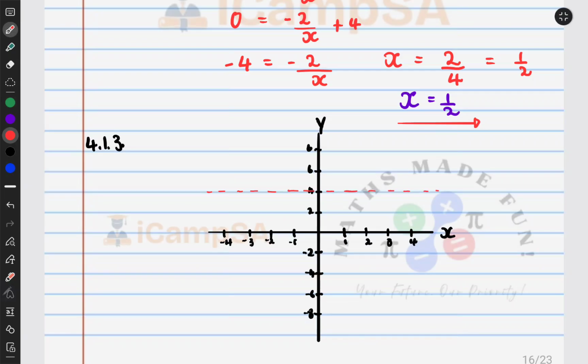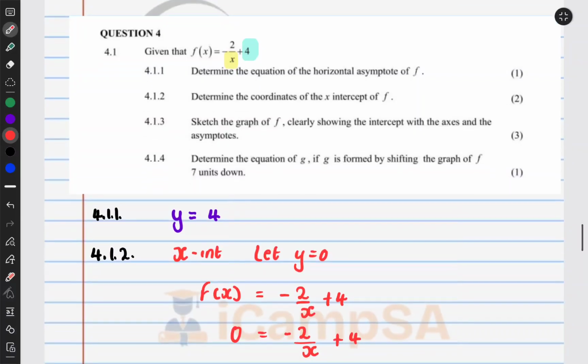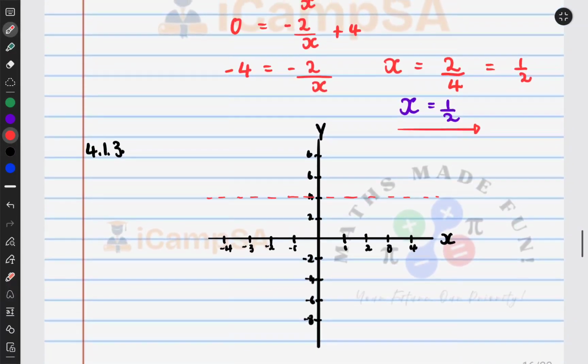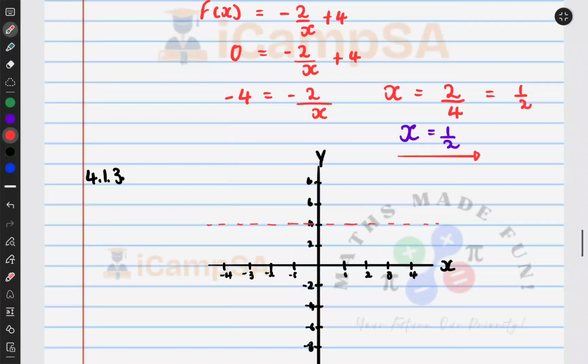Okay, and we can see that the function is negative, so it means it has been reflected about the y-axis. When the function is positive, it has the branches on the first and the third quadrants, or if it's negative, it has the branches on the second and the fourth quadrant.